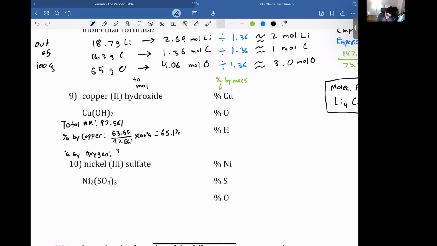It's about 32. 97.561 times 100. So you're just taking a percent of the molar mass here. So it's really not too hard. 32.8%. And then you have percent by hydrogen, which is going to be about 2, divided by that times 100%. And then you get 2.1. And then that's it for this problem.